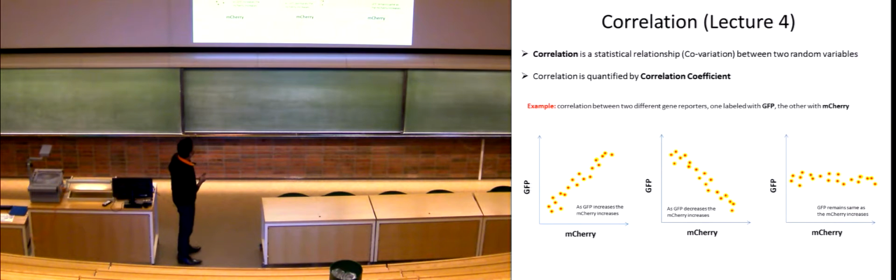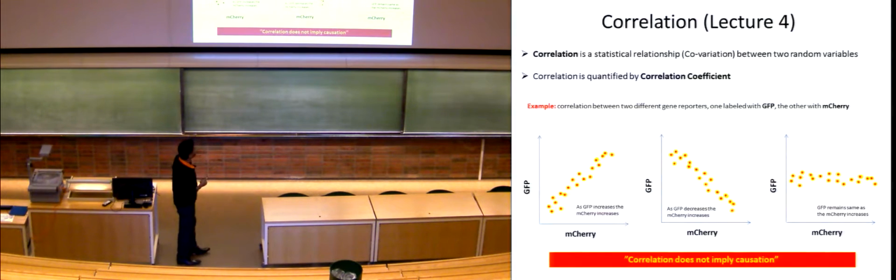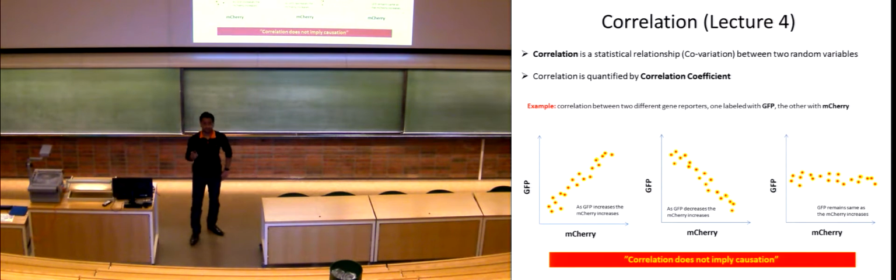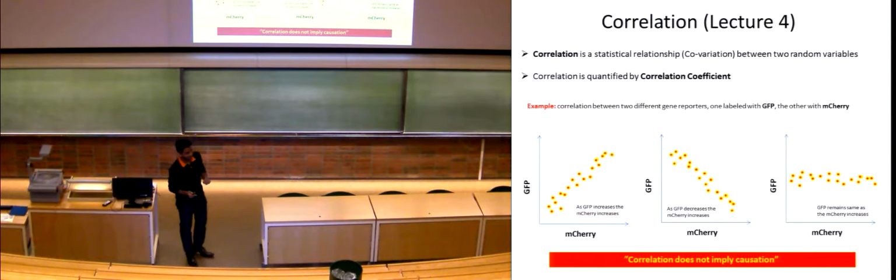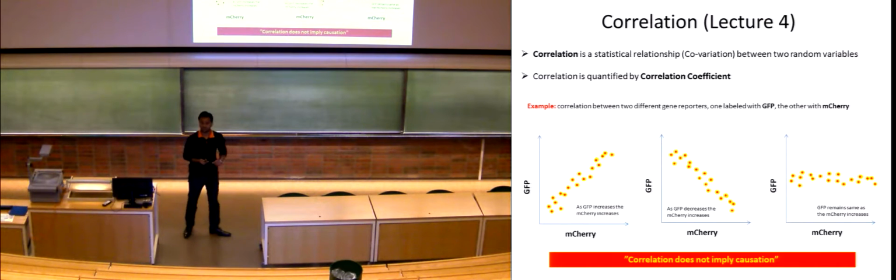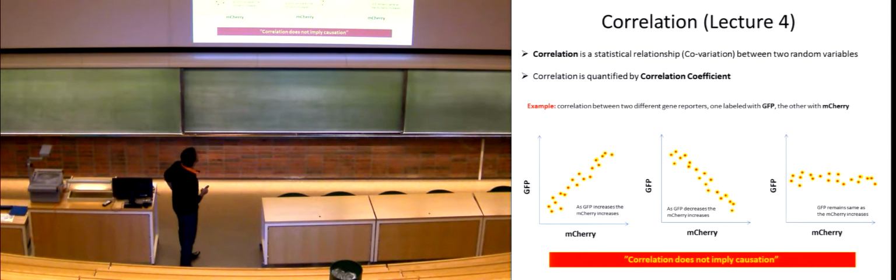You can quantify this using Pearson's correlation coefficient. And very importantly, we saw that correlation is not causation. So in order to identify whether there is causation or not, you have to do a randomized controlled experiment, or randomized controlled trials, or a systematic review, or whatever the standard experiment is, with a controlled environment.